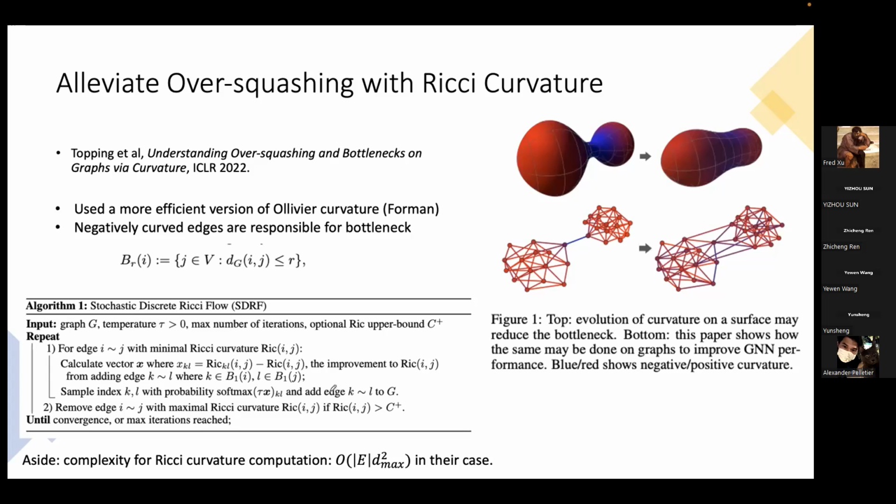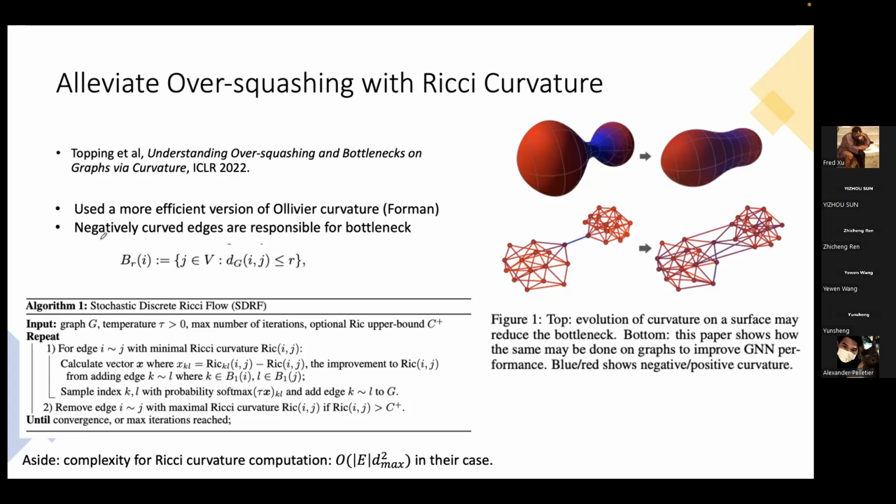So they use this same idea, because with the bottlenecks in a graph, you want to add more connections whenever you see a bottleneck. But when your graph is already pretty dense and well connected, you don't have to do a lot. So they simply use this intuition to do graph rewiring by adding more connections whenever there is a bottleneck. In their practical implementation, they used another, more efficient version of the Olivier curvature, which is really technical, and I don't think it's worth covering here.